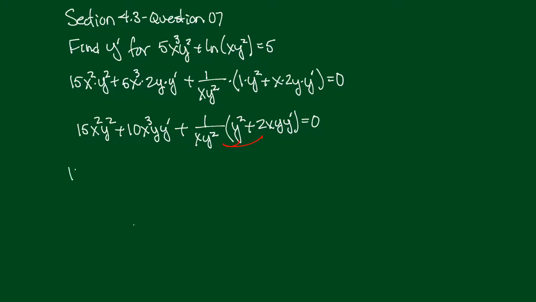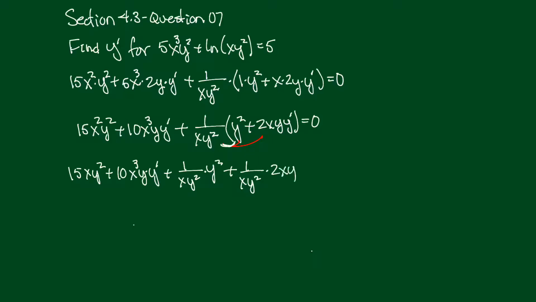So we'll have our 15xy squared plus 10x cubed y prime plus, now right here, the y, okay, I'll write it all. 1 over xy squared times y squared, so those y squareds will cancel, plus, and then 1 over xy squared times 2xy y prime, that's all equal to 0.